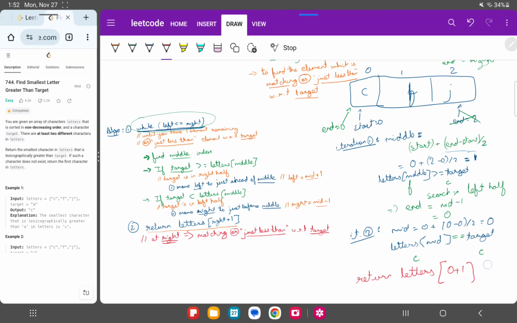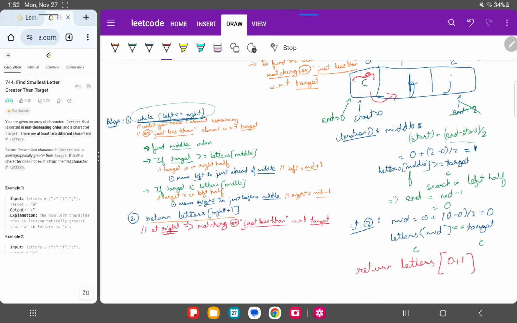Since this is a sorted array, the next element at the next index must definitely be just greater than that, which is exactly what we want. So that is why we return letters right plus 1, and in this case 0 plus 1 is nothing but the F character.